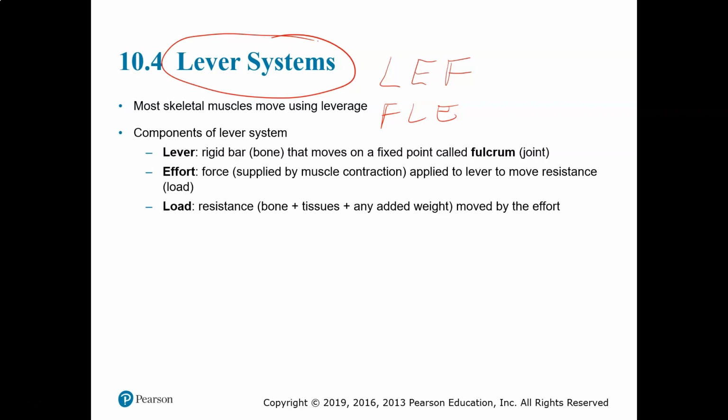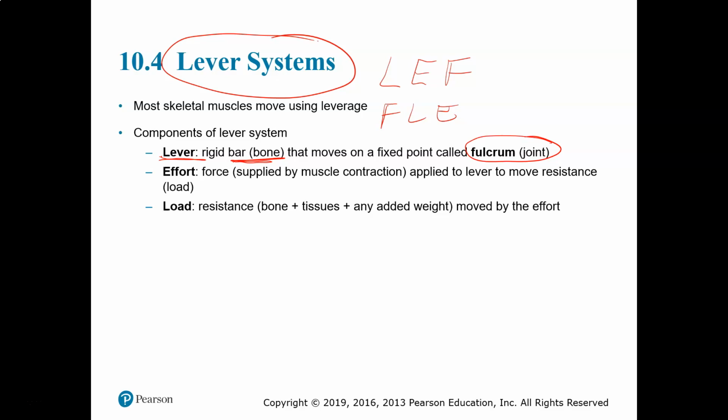So what acts as the lever is the bone. It's the bone that moves. And the point that it moves on, which is usually your joint, is the fulcrum. So the joint is the fulcrum. The effort is the force supplied by the muscle.